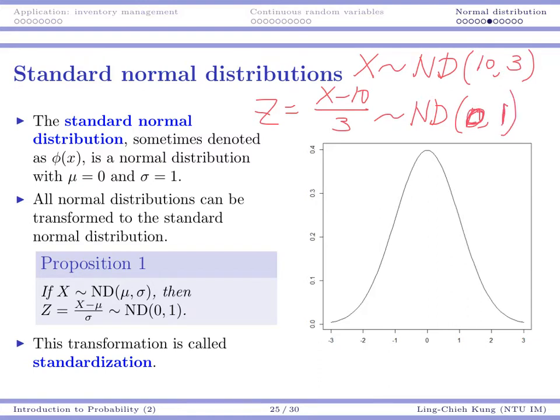If I randomly generate 1000 values from this normal distribution, then most of the values will be close to 10, right? Because it's the mean. And then after I do this transformation, most of the data will be close to 0. I will do some demonstrations in class. But anyway, keep this in mind. As long as we subtract the original value by mu and then divide it by sigma, we will get a standard normal distribution. And this process is called standardization.